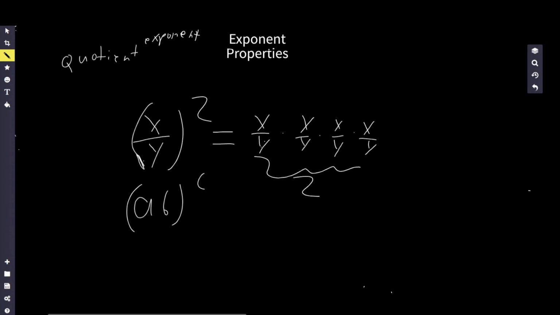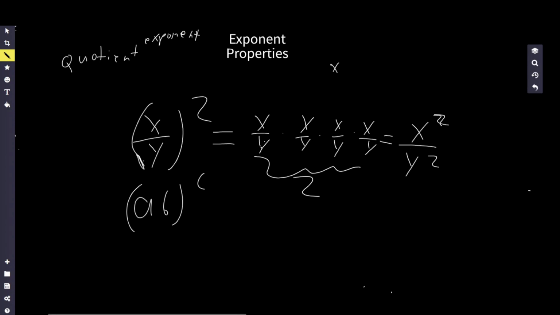So let's see, if we just use our fraction rules, x times x times x times x, z times, that's just the definition of an exponent, that's x to the z. And same thing for y times y times y times y, z times is y to the z. So x divided by y to the zth power is x to the z over y to the z.